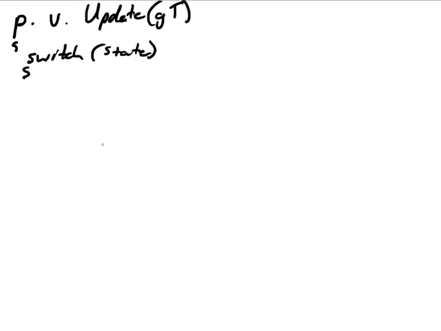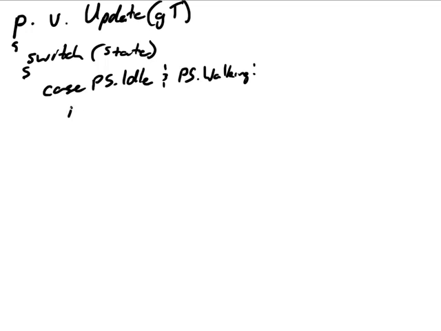Yep, good. Okay, if we are inside the case for player state.idle and walking, then what do we need to do? Well, we need to check for, just like we did for the jump, we check if the player has pressed the jump button. We're going to check for the attack button.